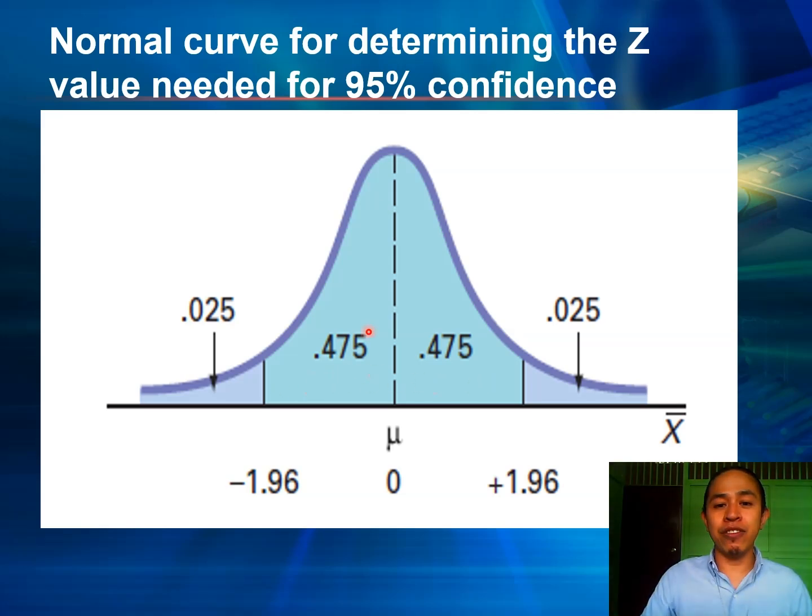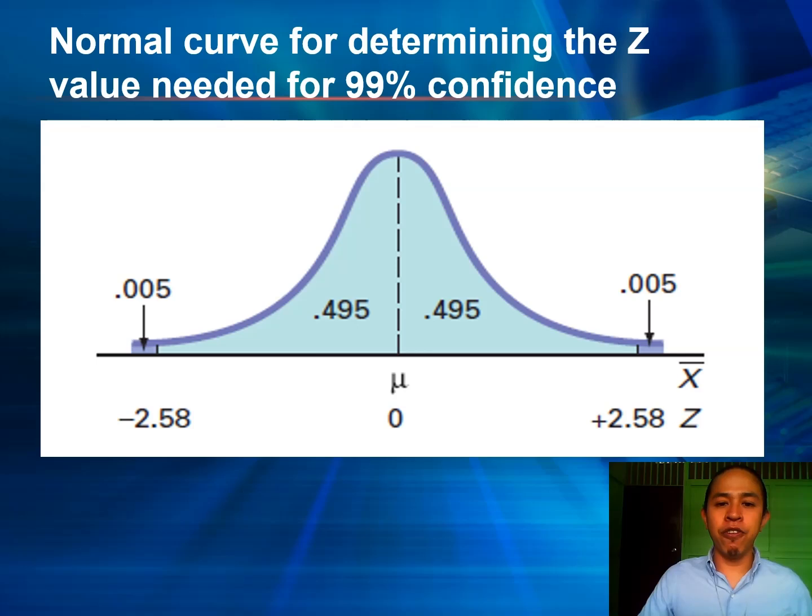Since we have a 95% confidence interval, meaning 2.5% in the upper tail and 2.5% in the lower tail. If we locate that in your z table, this point is positive 1.96, and for this one, negative 1.96.